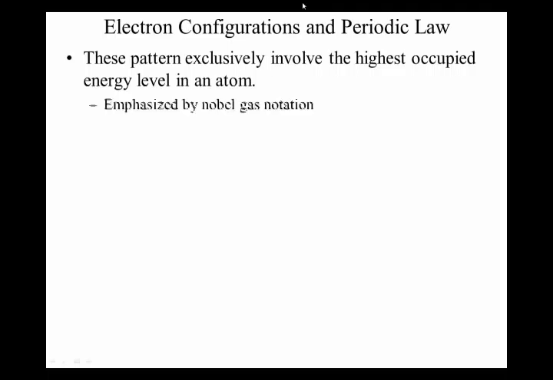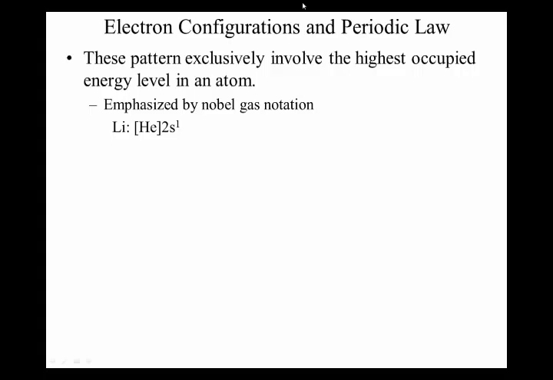So in so doing, that's what's really cool about the noble gas notation for electron configuration, is that it emphasizes this highest energy level, right? It just sort of gets rid of all the other stuff.